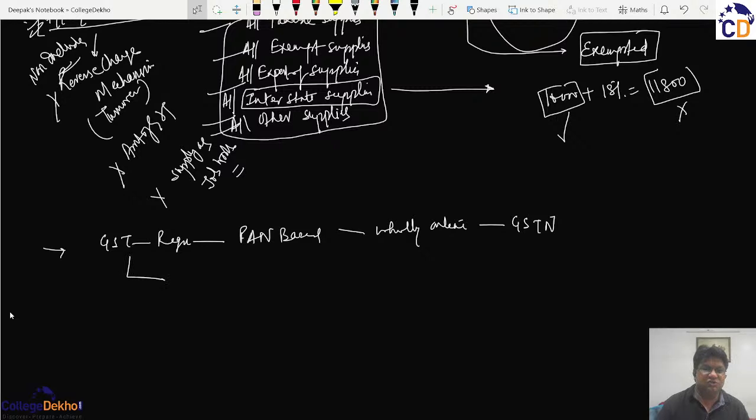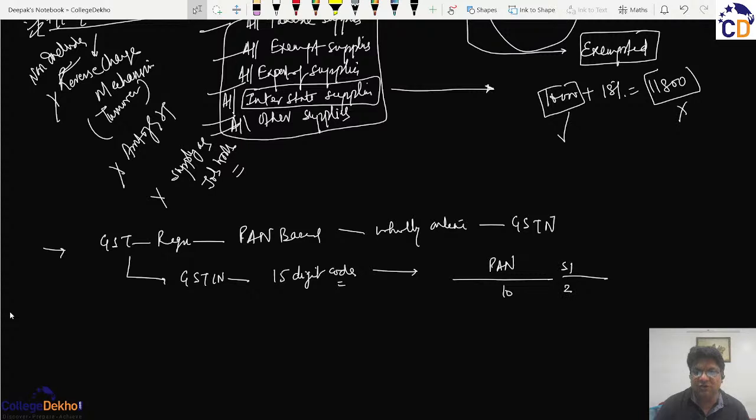Therefore the GST number, that is the GSTIN, will be a 15-digit code where the first 10 characters will always be your PAN, and of the next 5 characters, two will be your state code, and three will be the goods or services code, which we call the HSN code. So in this way, we have a 15-digit code primarily consisting of PAN.